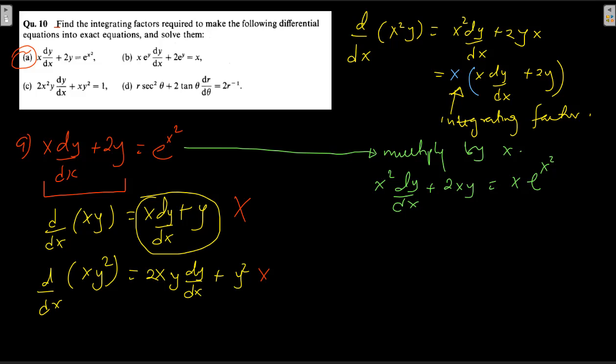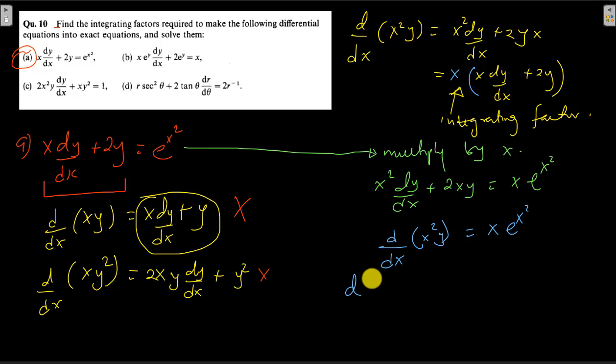So I'll just write that as an exact differential d dx of, we already know the whole of the left hand side. This equation here is actually an exact differential, the derivative of x squared y. This is going to be equal to x exponent x squared.